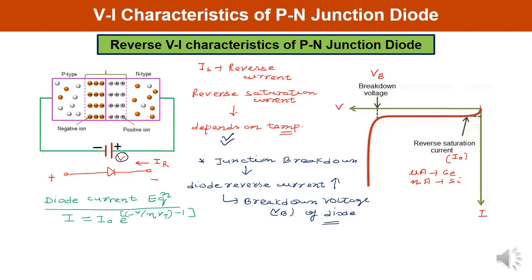And this equation is valid as long as the external voltage is less than the breakdown voltage. So this is how you can write down and explain the diode current equation as well.